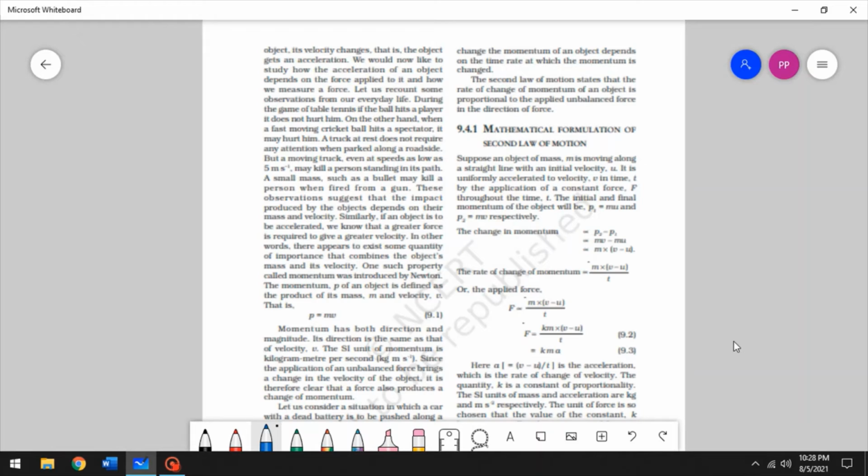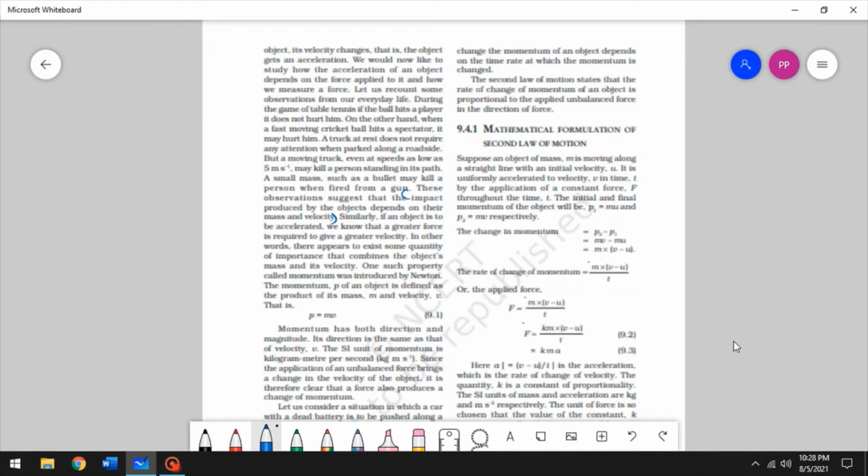A small mass, like a bullet, which has a very small mass, might kill a person when fired from a gun. So all these observations suggest that the impacts produced by objects depend on their mass and velocity, not just their mass, but also their velocity.